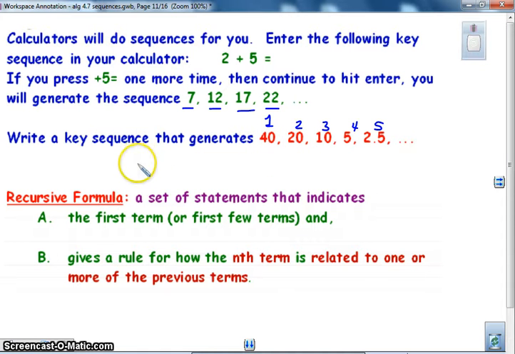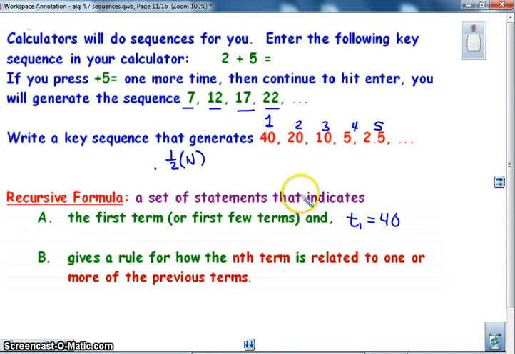I think a lot of you will see that it looks like we are taking the term n times half of whatever was before it. So half of n. When we start this out, a lot of times we think of term 1 as 40. So we're always taking half of n.